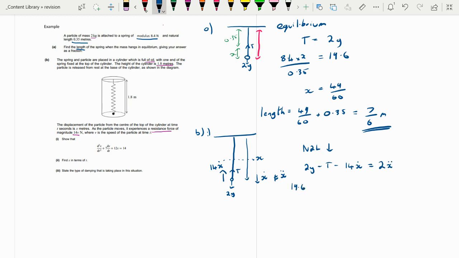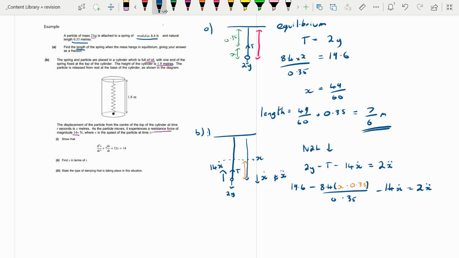So 19.6 minus T, where T is 8.4 times its extension, which is going to have to be this orange length, x minus the original length, 0.35, all over 0.35, minus 14x dot is 2x double dot. And from here, we're just going to slowly rearrange and solve this equation.